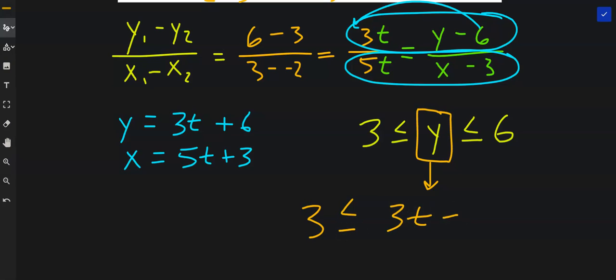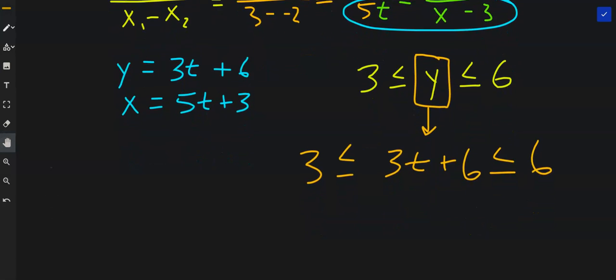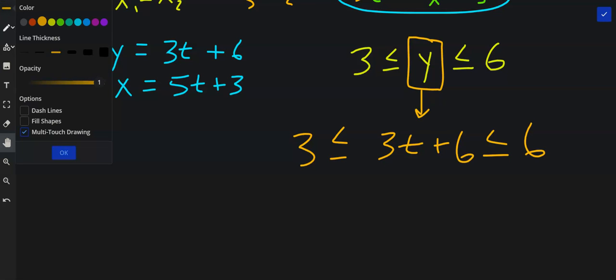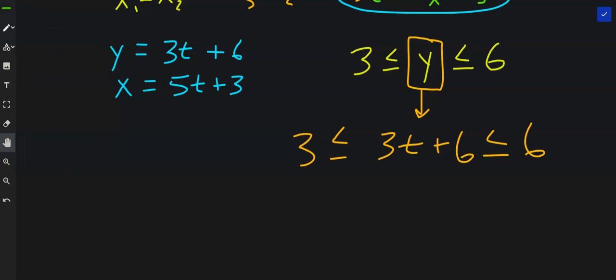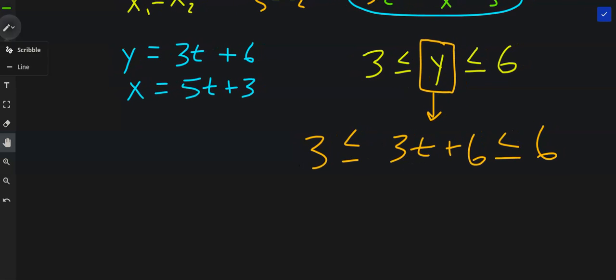You got it. How do I solve this? I'm going to solve for t. Any thoughts on what I should do first? I'm trying to get t by itself. Any thoughts on what I can do?